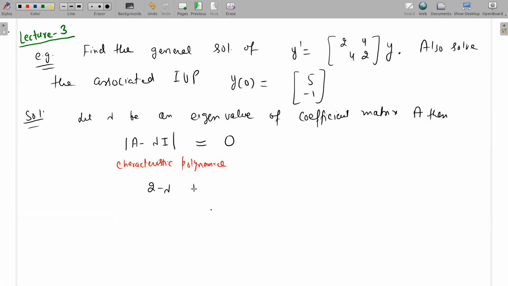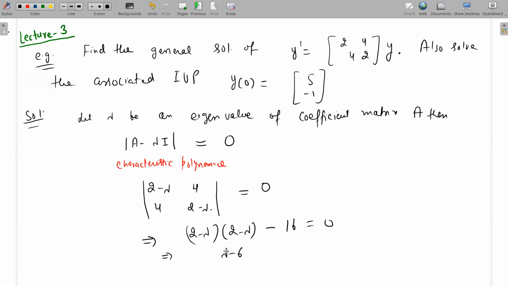So determinant of [2 minus lambda, 4; 4, 2 minus lambda] equals 0. Now simplify this: (2 minus lambda) squared minus 16. So lambda minus 2 squared minus 16, if you further factor it, this will give you (lambda minus 6)(lambda plus 2) equal to 0. So we got two eigenvalues. One is 6, another one is minus 2. I'm writing them lambda 1, lambda 2.